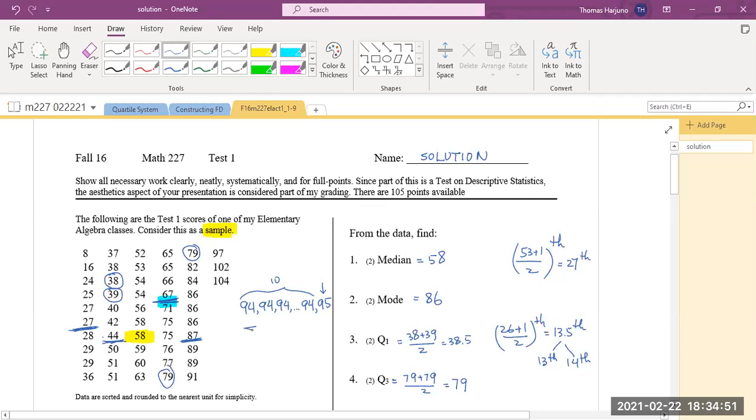Then the total will be 940 plus 95. That's 1065. So the average, let me call it X bar, will be 1065 over 11.